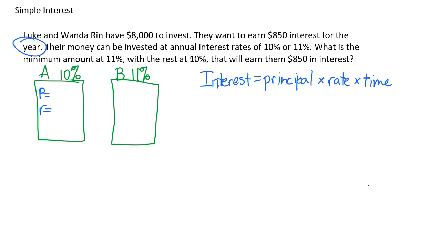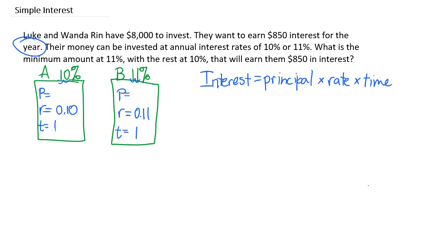Our rate is 0.10. We're going to put it in terms of a decimal, so just moving the decimal 2 places over in the 10%. And then the time is 1 year. Notice too how our rate is in terms of years. Principal here, we'll come back to that. Our rate here is 11%, so again, 2 places, and then our time is also 1 year here.